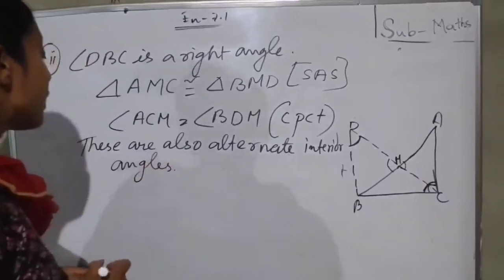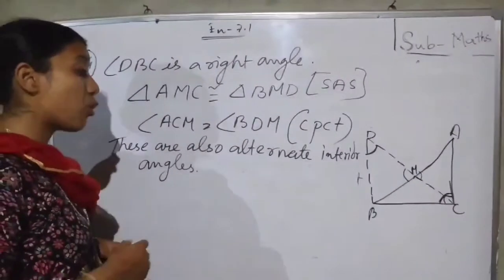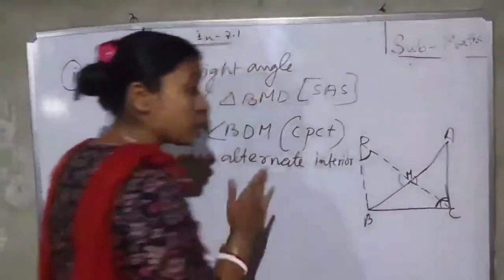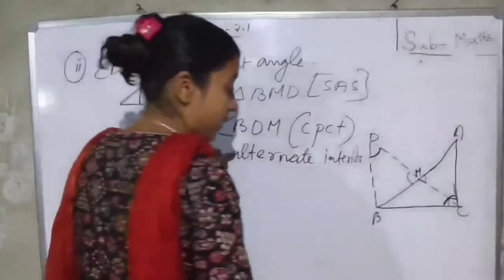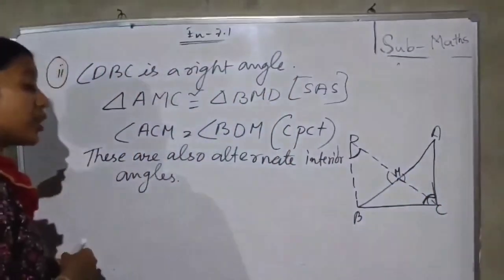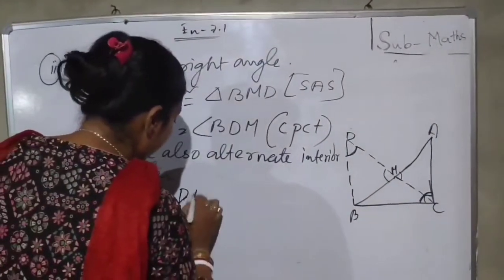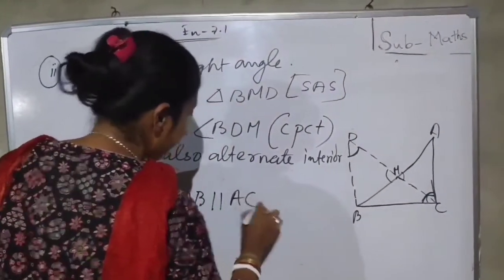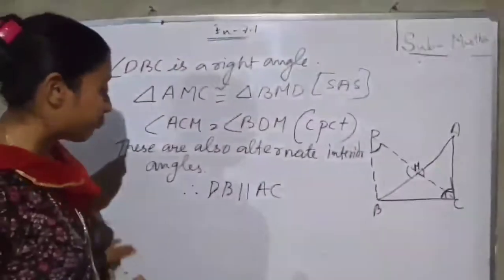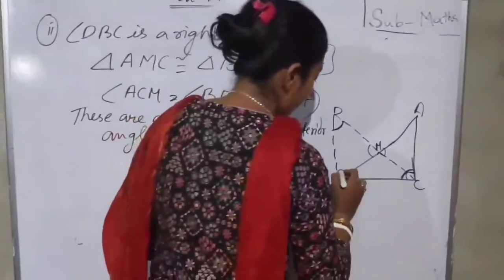When will two angles be equal and also alternate interior angles? When they are on parallel lines. So we can say that DB is parallel to AC, then only two alternate interior angles will be equal. Therefore DB parallel AC, right?